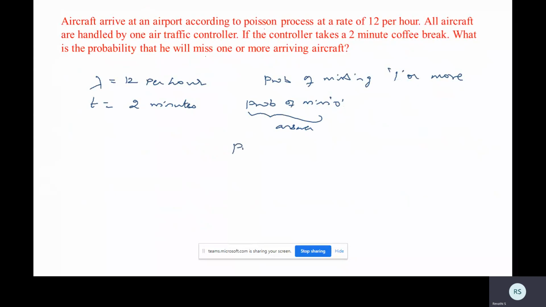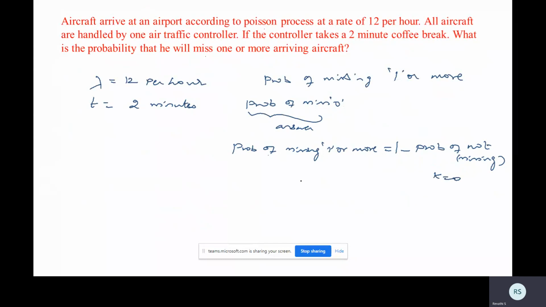So you can write it like this. Probability of missing one or more is equal to 1 minus the probability of not missing. If you miss even one, it is counted here. So 1 minus the probability of not missing, so k equal to 0.